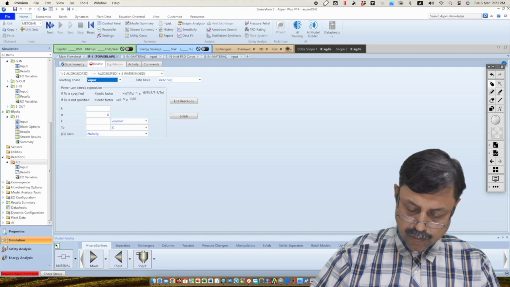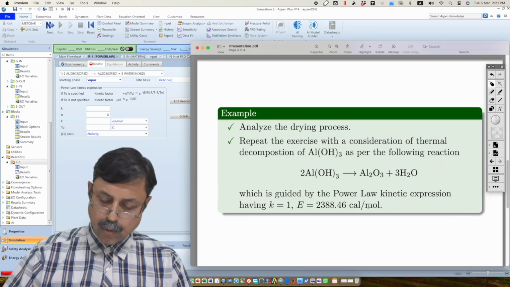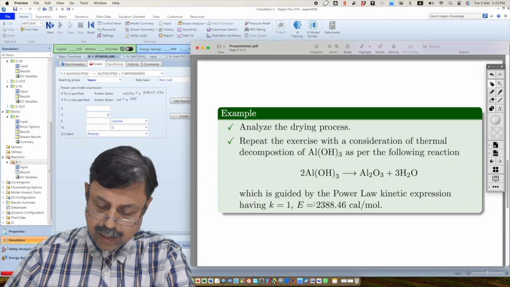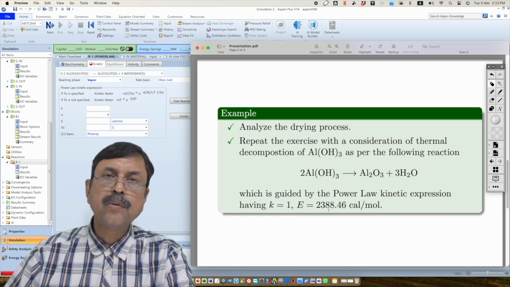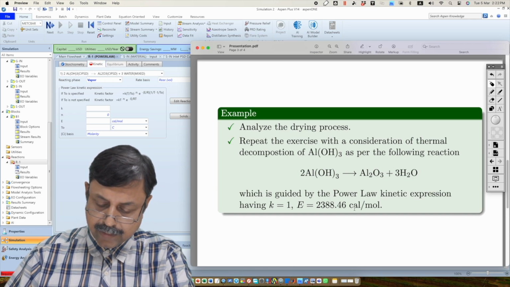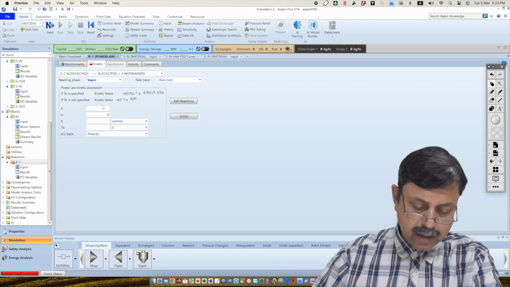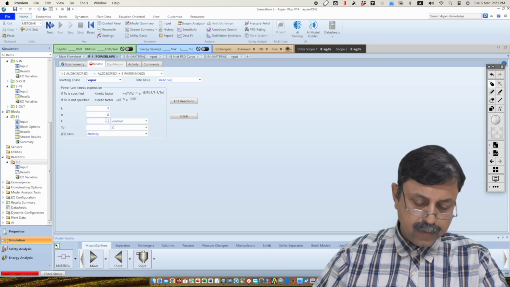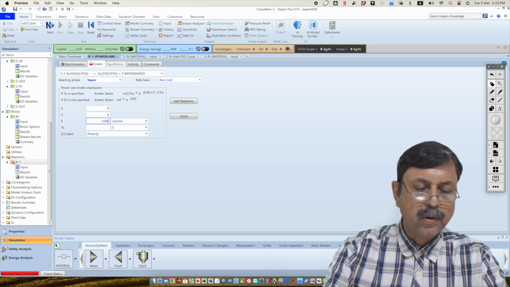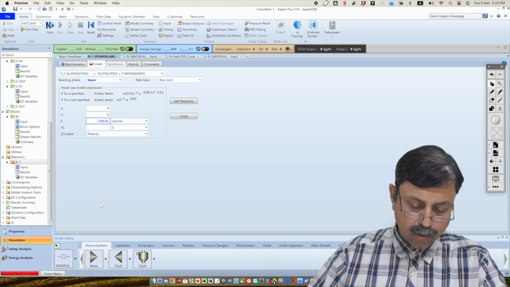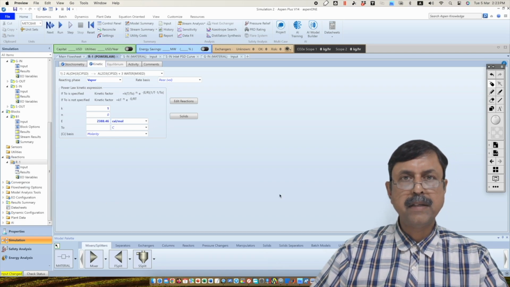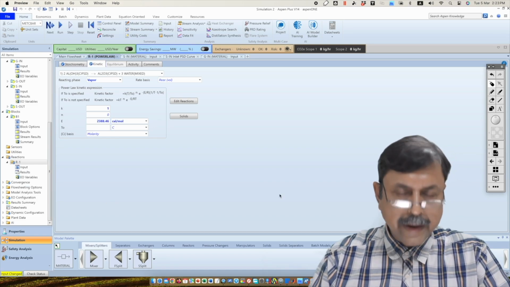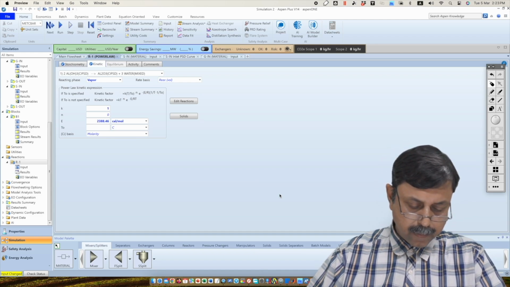K is equal to 1, and capital E is equal to 2388.46 calorie per mole. So no other information has been given, so we keep the kinetic equation as it is.